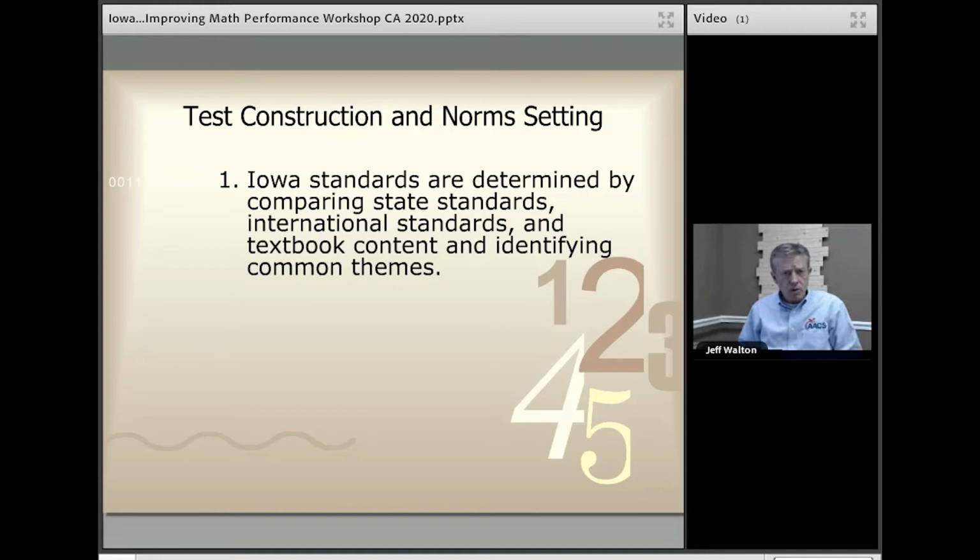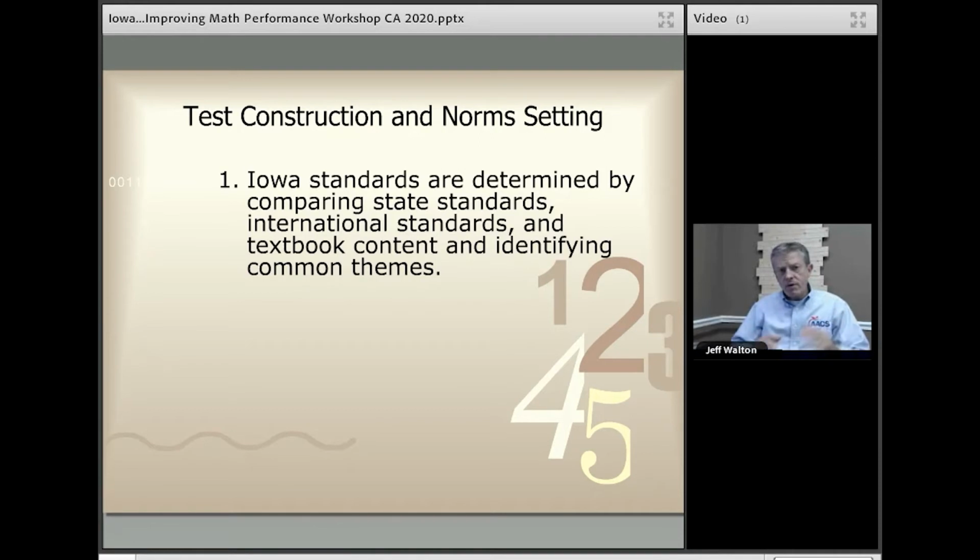So in short, the process that Iowa test constructors would go through is to collect state standards from a number of states with significant student populations, map those out for math or English language arts or another discipline, collect textbooks from several major publishers and map out the core content or standards for those textbooks, international standards.